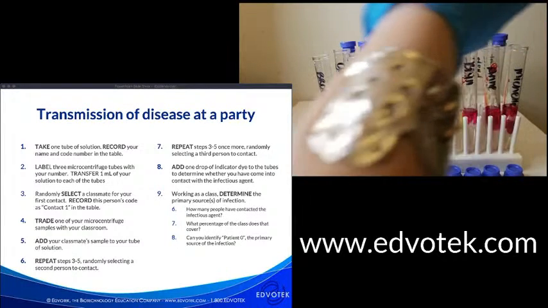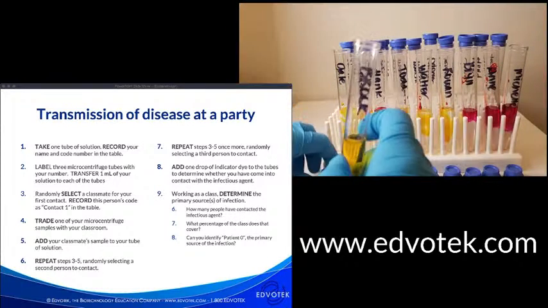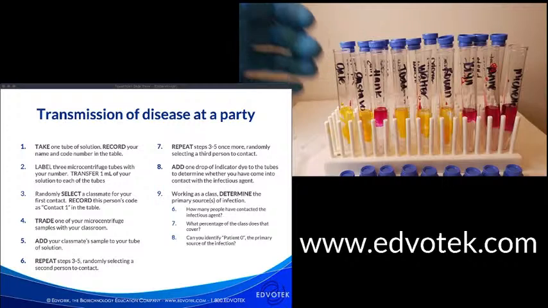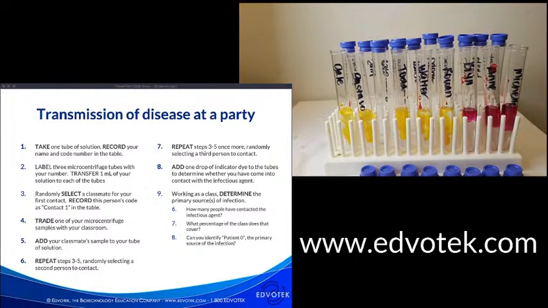Ideally you would mix these up a little better. I don't want to cap every tube and mix them, but I'm going to cap 2 of them and mix them so you can see the color. You can very dramatically see the color change.